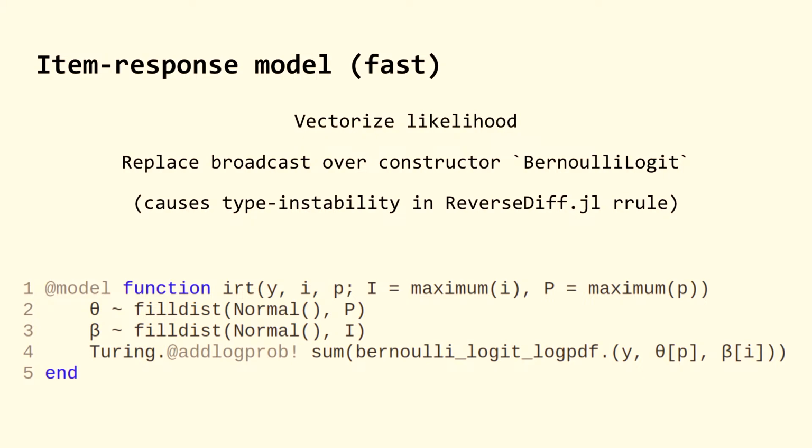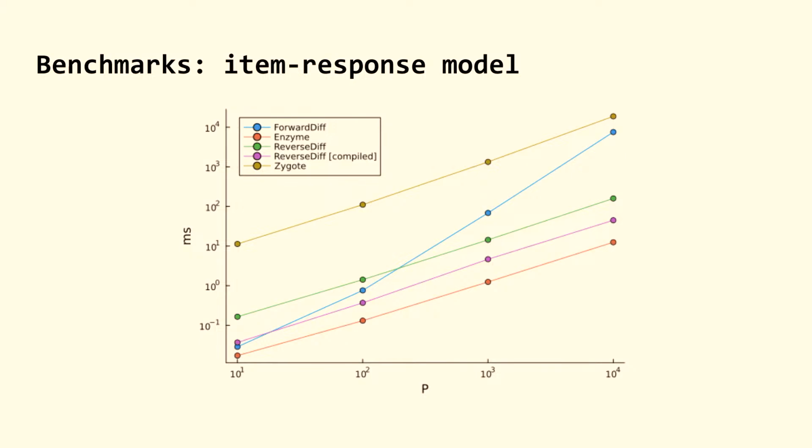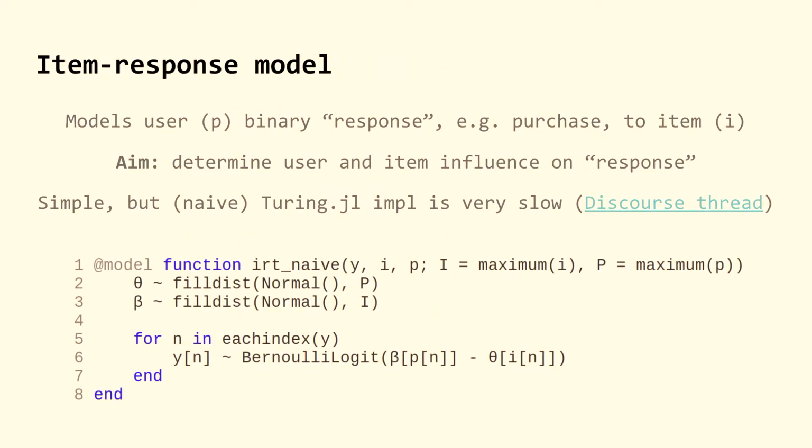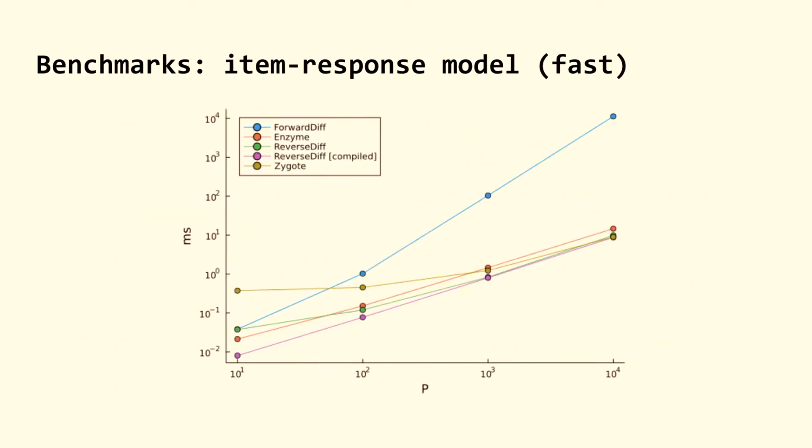And that's where Enzyme seems to be consistently outperforming. But once we do some sort of manual optimization, it seems that other ADs, as this case shows, in particular reverse mode, can still outperform Enzyme.